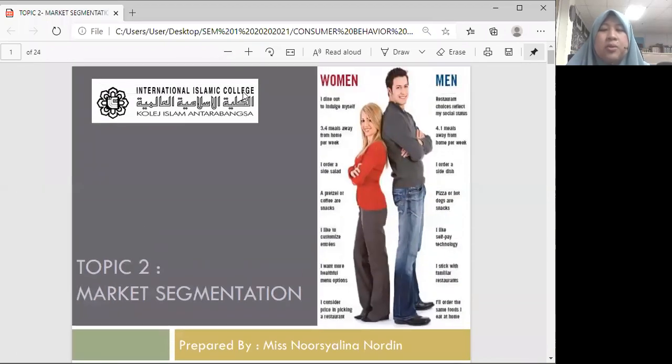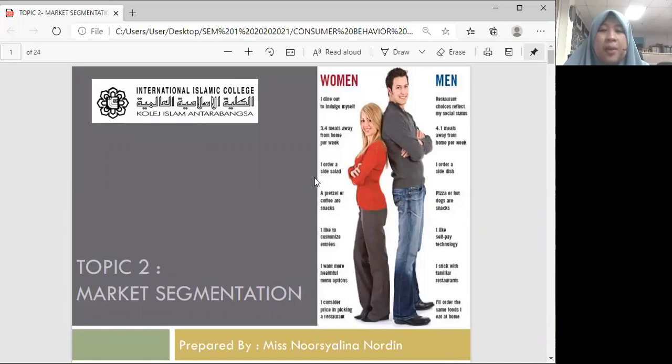For example, in the picture you can see women and men, which is categorized as gender. So we can segment it, and there are different target markets according to the segmentation: according to gender, income, taste, personality, age, generation, lifestyle. There are many more, so after this we will go deeper.